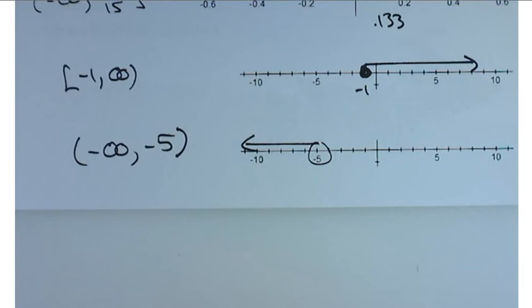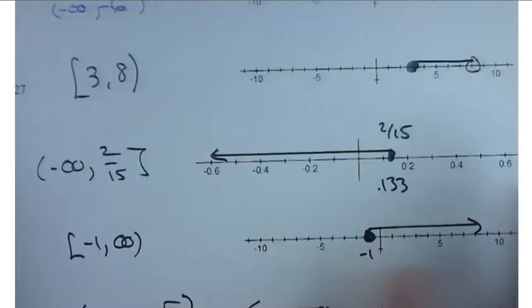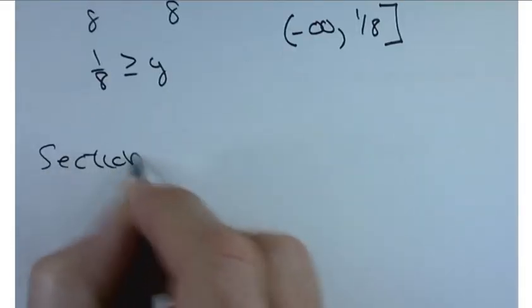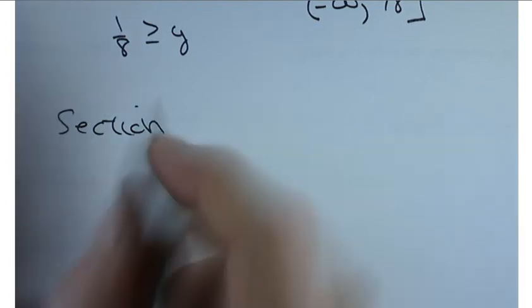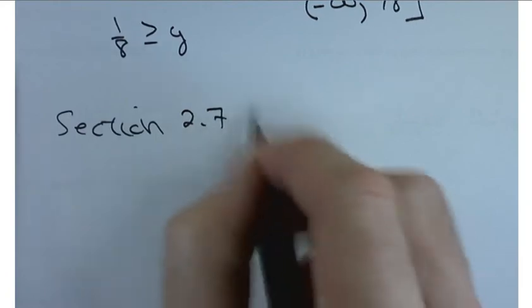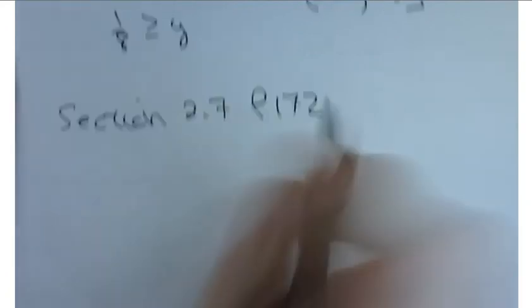For homework. Do you have to worry about the back of that paper at all? Now, the back of your handouts for sections 3.1 and 3.2. So for homework, section 2.7, it's on page 172.